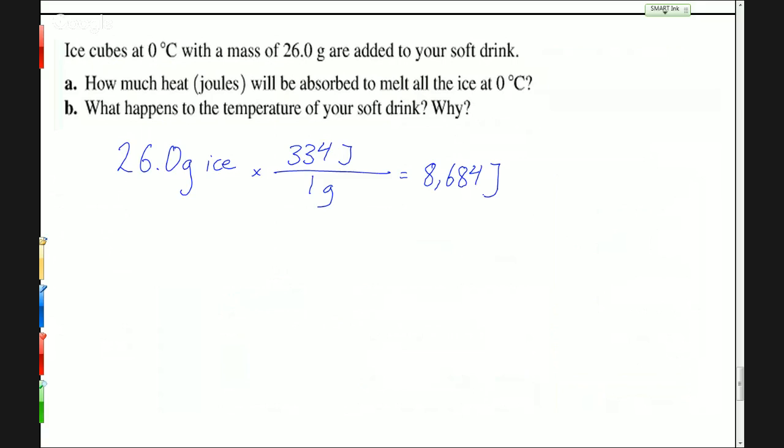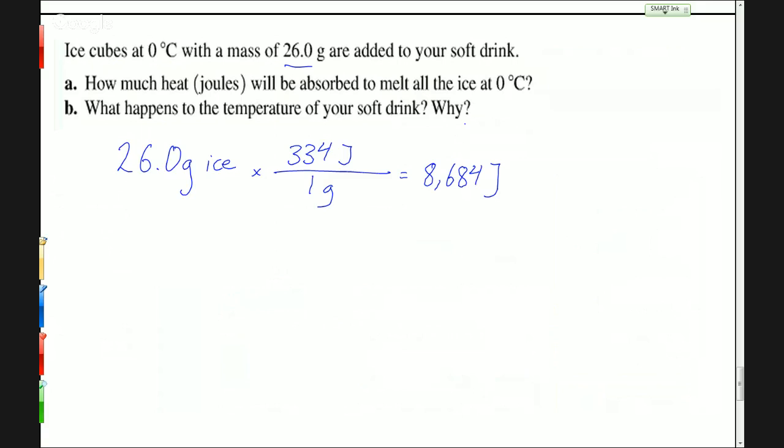If it's easy enough to leave all the numbers there, then fine, leave them there. Usually our rule of thumb has been however many significant figures are used in the problem itself, stick with about the same number in your answer. Because again, we didn't go through those rules. So in this case, 26.0, that's 3. So if you want to leave that like that, or if you want to round it 8,680, it doesn't really matter. Just make it reasonable to work with. If it really bothers you, just go read that section in chapter 2 and you can figure out the rules, but you don't have to worry about that.